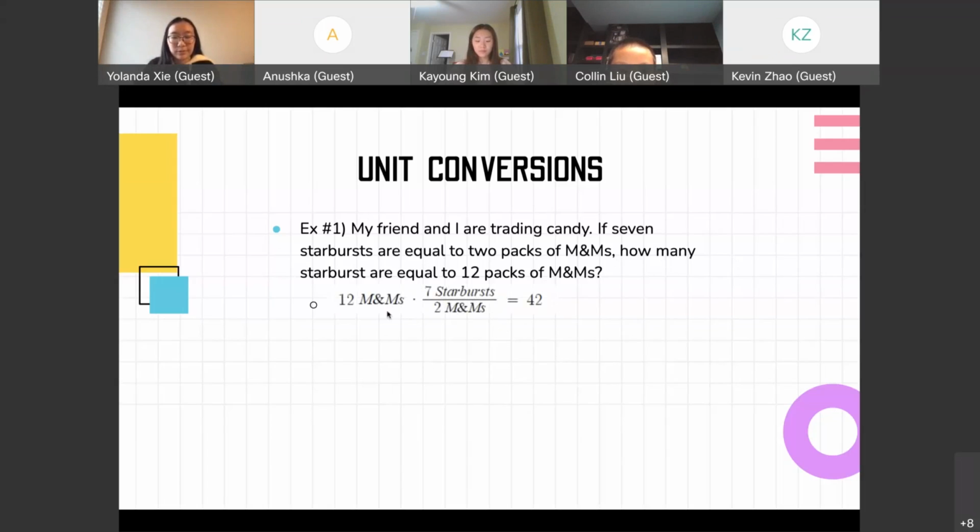You start with M&Ms as your unit, and you put M&Ms on the denominator, because that makes the M&Ms cancel out, and you're just left with Starbursts. So you get 12 times 7 divided by 2, and that's going to get you 42 Starbursts. That's a bit of a complicated way to do this problem, but it's really helpful for some other problems.